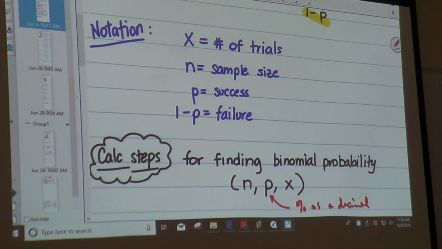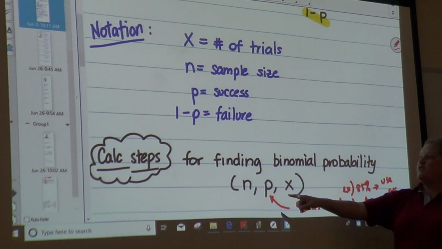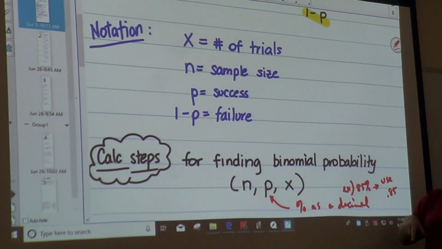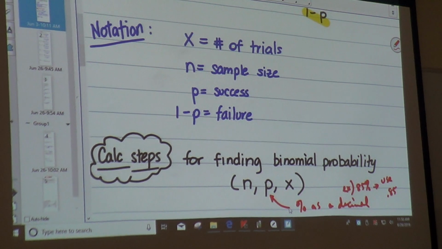So if I tell you 85%, you're going to use 0.85. We always use the decimal equivalent. We never use percentages when we plug in. So sample size first, the percent in the middle as a decimal, and finally the number of trials at the end.